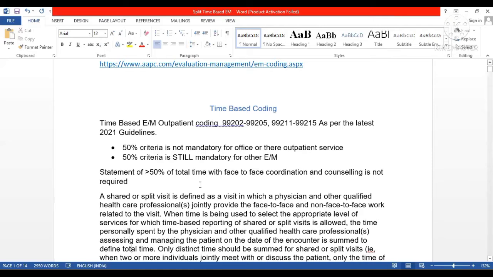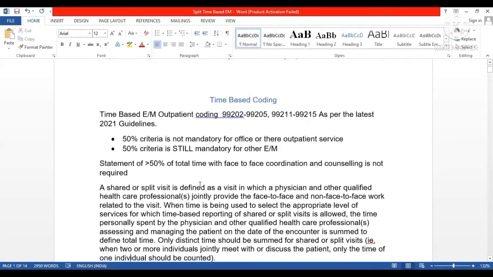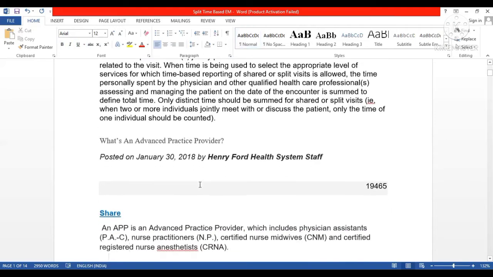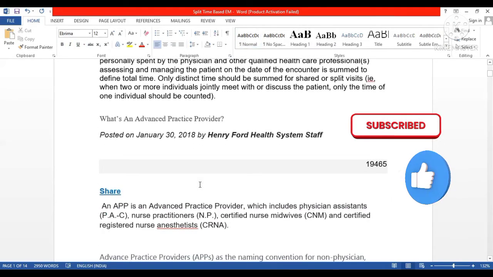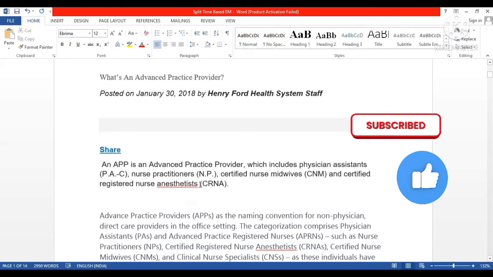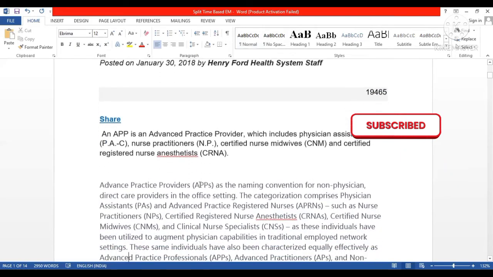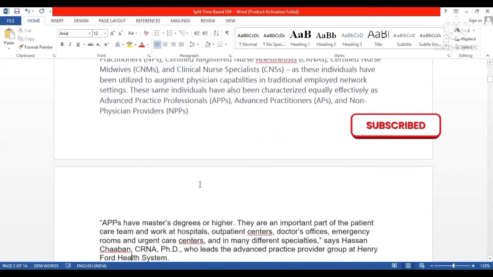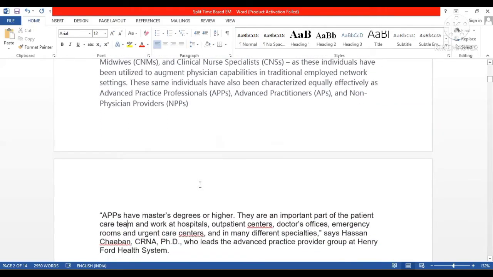Basically, sometimes you will find that there are other APPs also working with the MD. So what are APPs? APP means advanced practice providers, right? For example, PA, NP, CNM, CRNA, and fellow and resident also work with the MD.